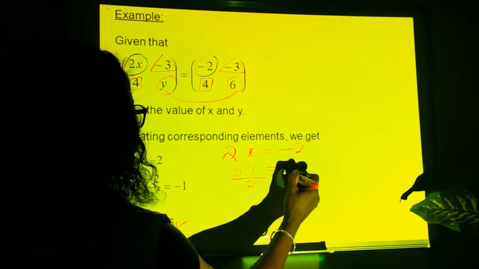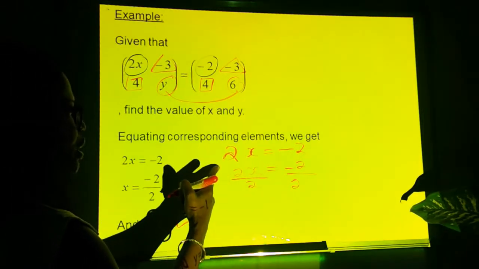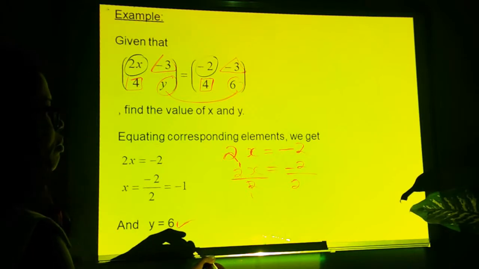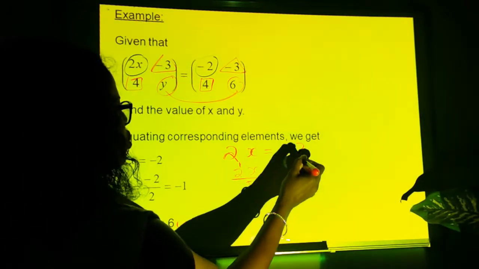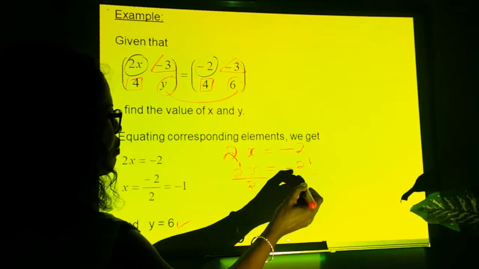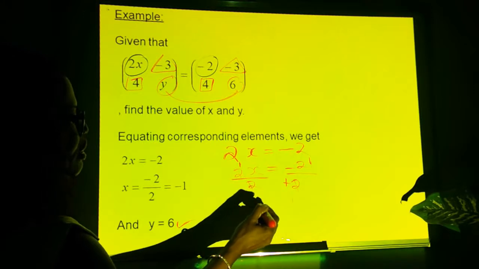Alright, so here we go. We divide both sides by the coefficient, the number before x, because we want 1x or x. And 2 into 2 goes 1. There's a positive in the denominator, and a negative divided by a positive is a negative.